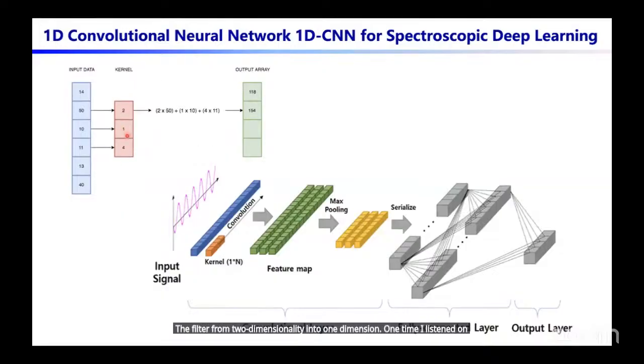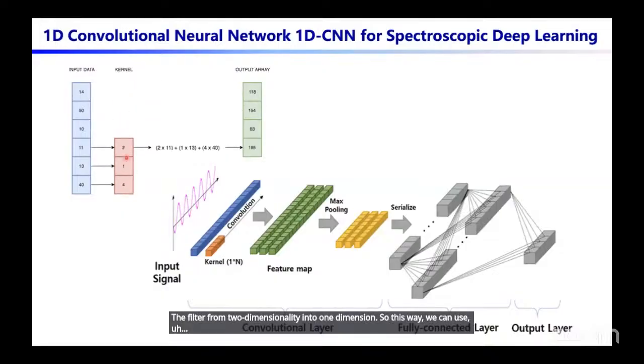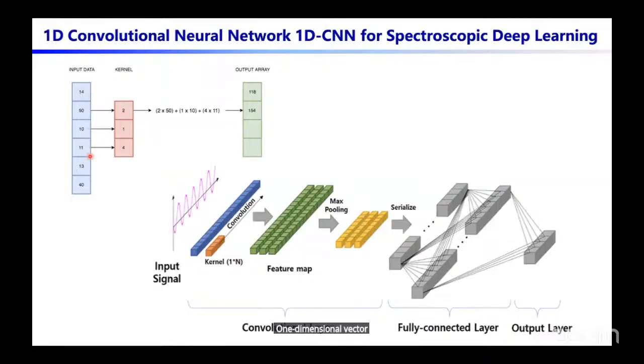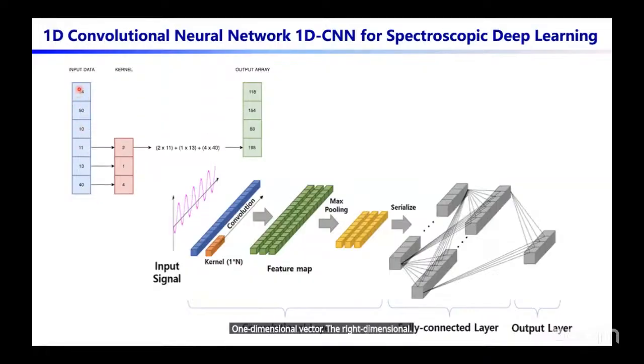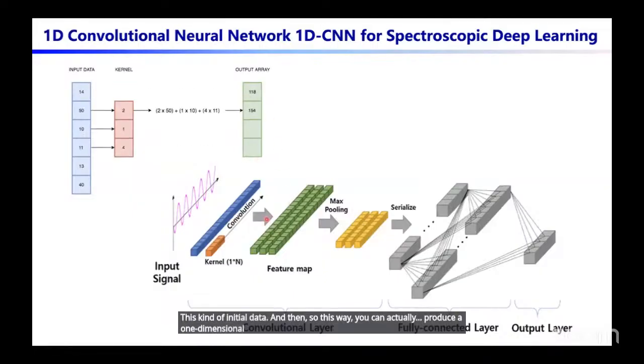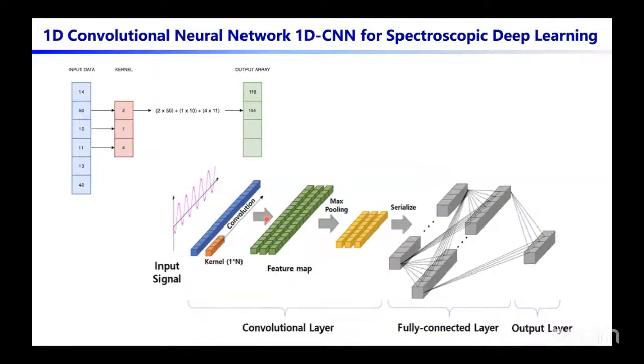This way we can use a one-dimensional filter to scan the one-dimensional initial data, and produce a one-dimensional latent feature. So that's how a 1D CNN works.